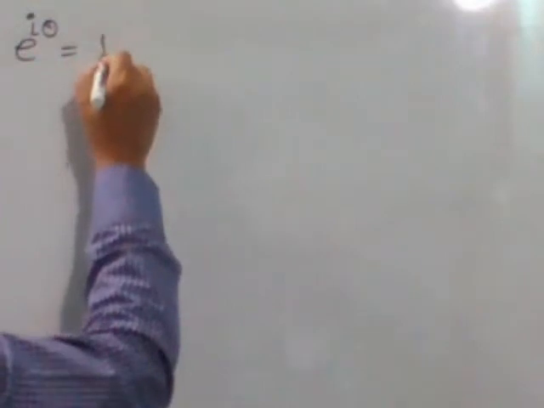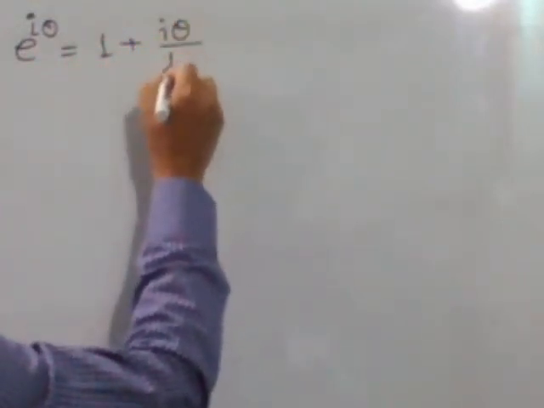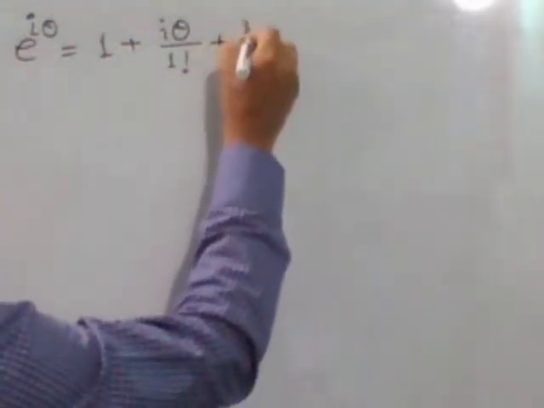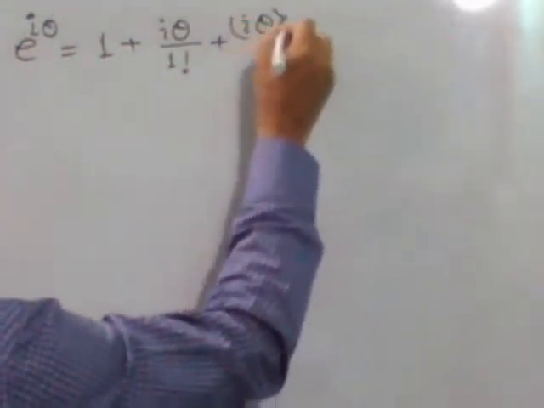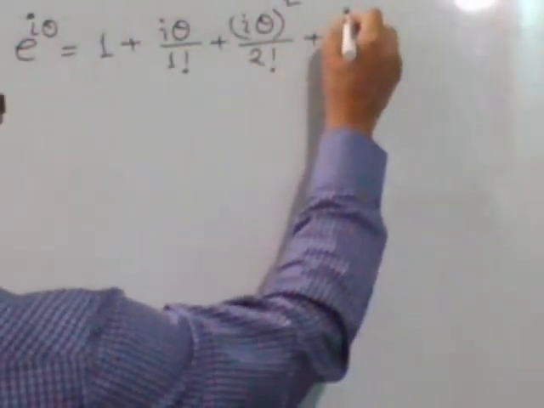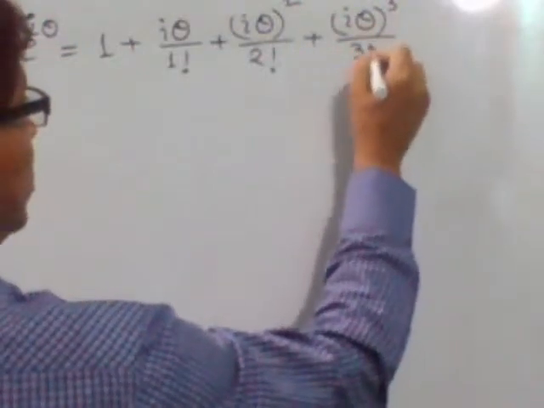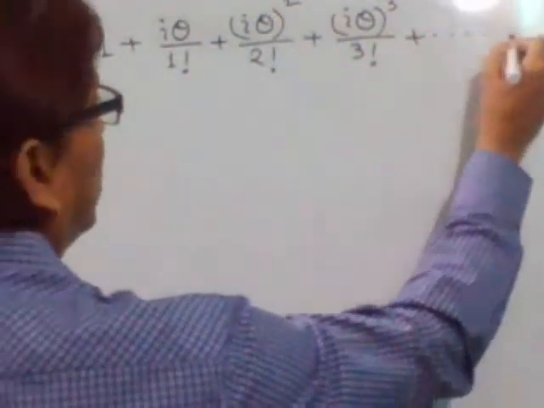So the formula will be 1 plus i theta by factorial 1 plus i theta whole square by 2 factorial plus i theta whole cube by 3 factorial plus up to infinity.